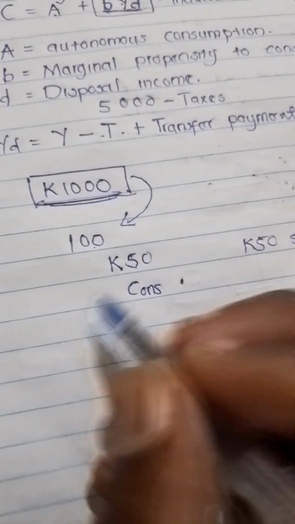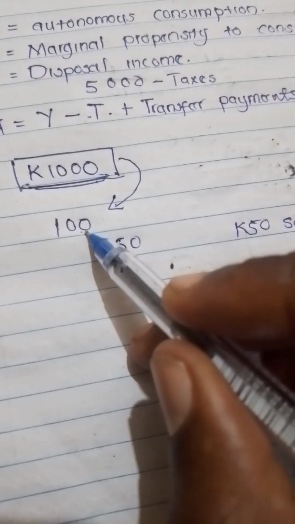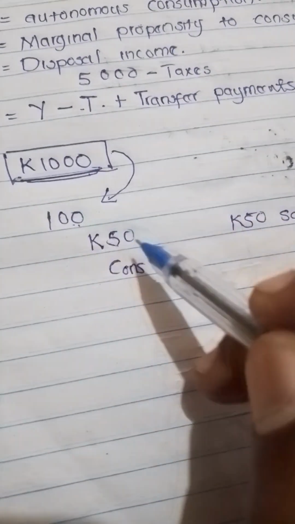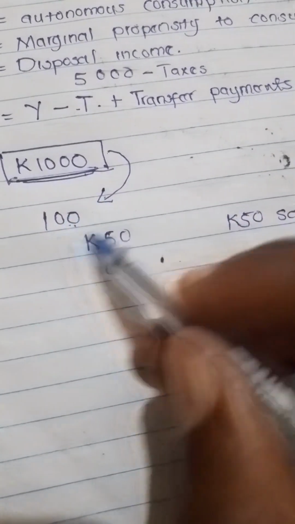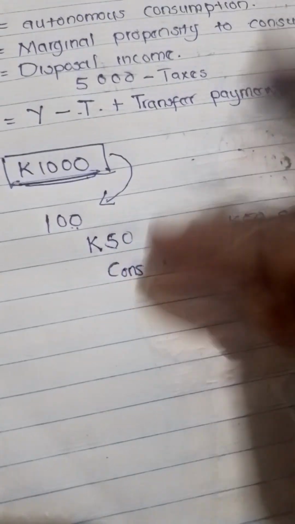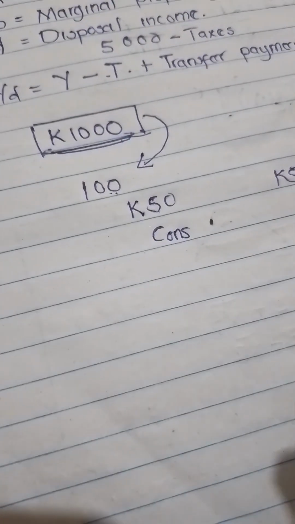Obviously it's 50%. That means you're consuming 50% of this 100 kwacha, isn't it? Now, what does this mean? This implies that every time you receive money, you consume 50% of it, let's say 50 kwacha.